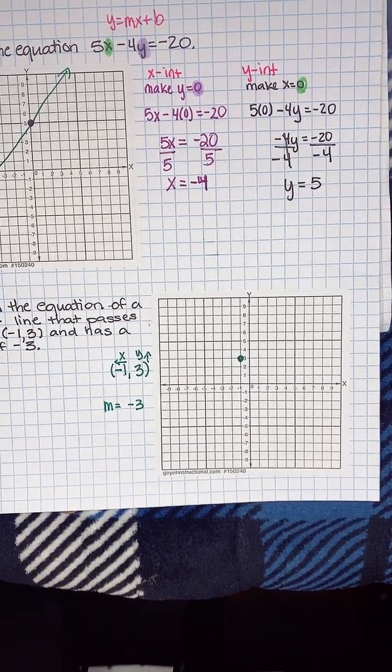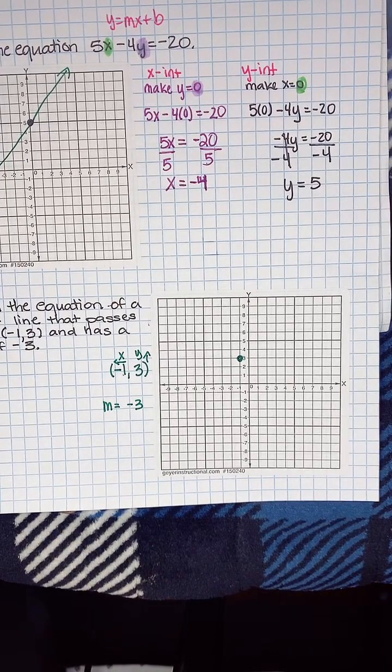Now, from this point, what does my slope tell me to do? Can somebody tell me in the chat? What is my slope telling me to do? Like what direction? Okay, down, go down. Good. I'm looking for what my whole slope is telling me to do.